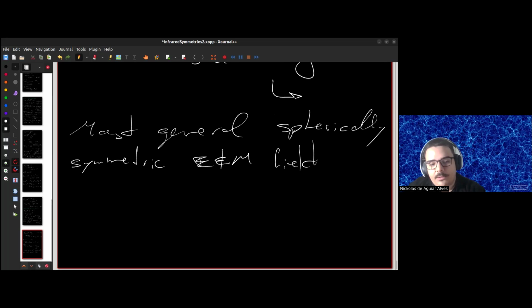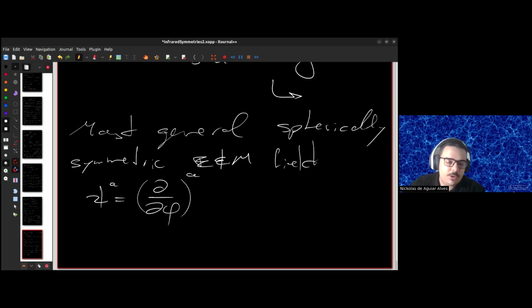So I'm going to have to pick 3 fields here. These are the rotations. So for example, one of them would be the field given by this thing here. So this is one of the fields. The other ones are a little bit more complicated when you're using spherical coordinates, but they usually have an appearance similar to this one. And then what you're going to do is you're going to pick the 3 fields.